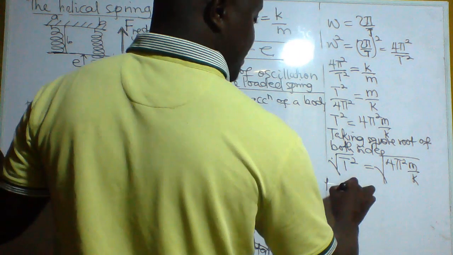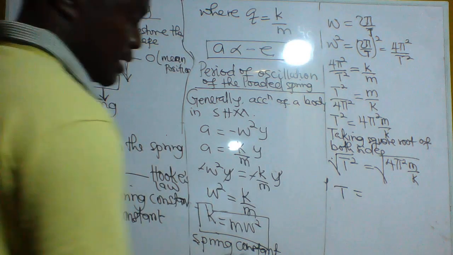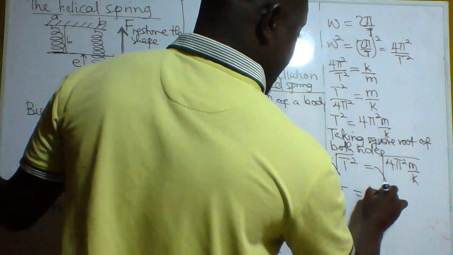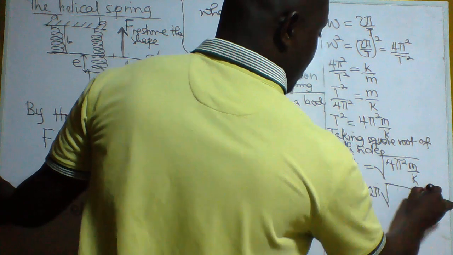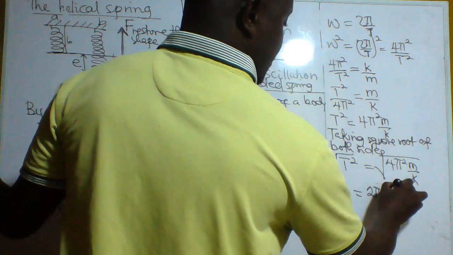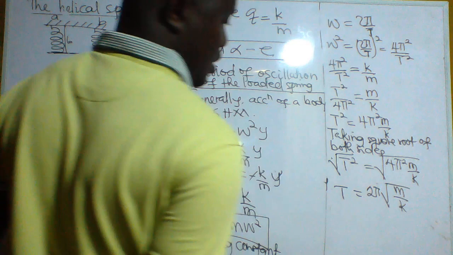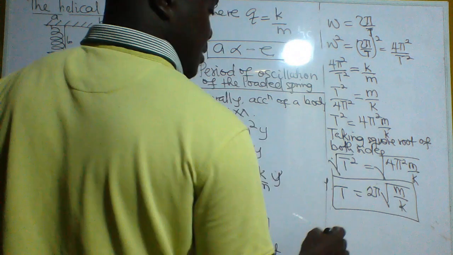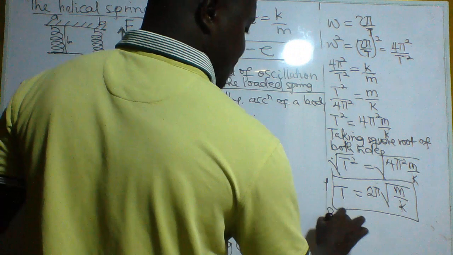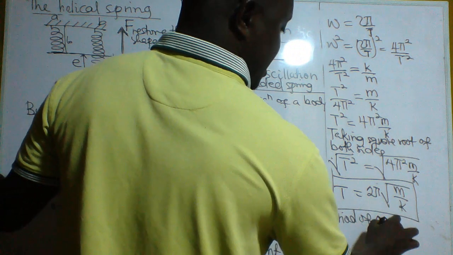Therefore, we have T given us the square root of 4 pi squared, which is 2 pi, so 2 pi out, then we have m over k under the square root. This is the period of oscillation.